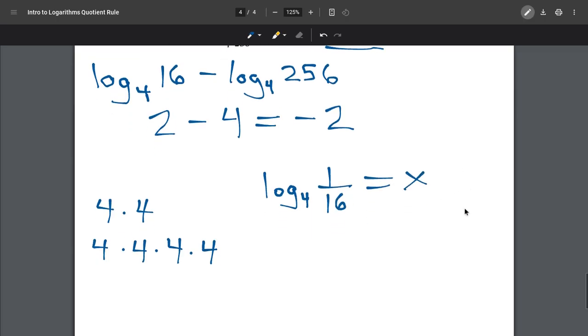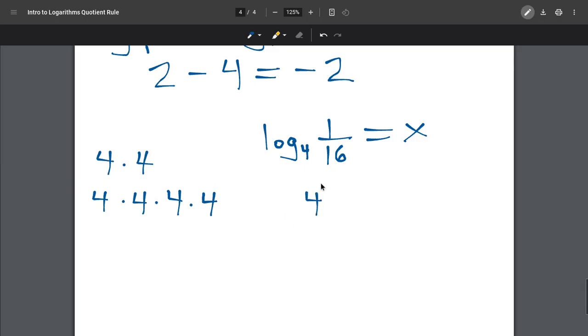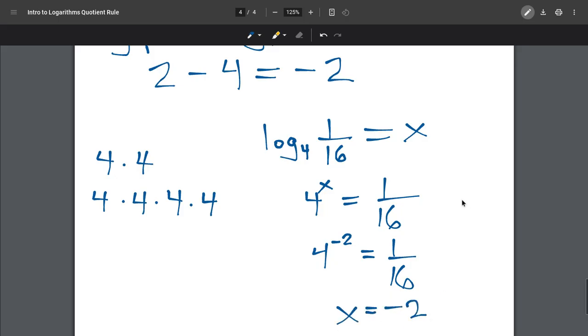We could write this in exponential form and say 4 to the x power equals 1 over 16. Or 1 over 4 squared. So we'd write 4 to the negative 2 power equals 1 over 16. So x would have to be negative 2.